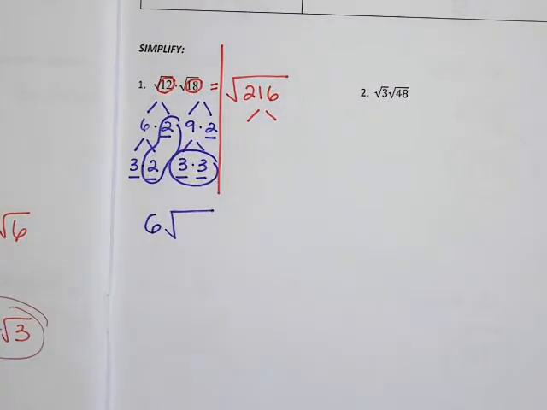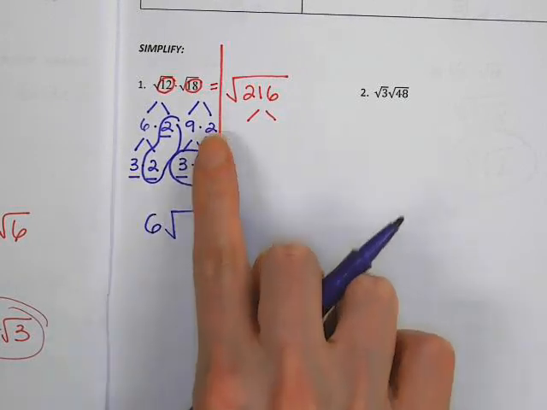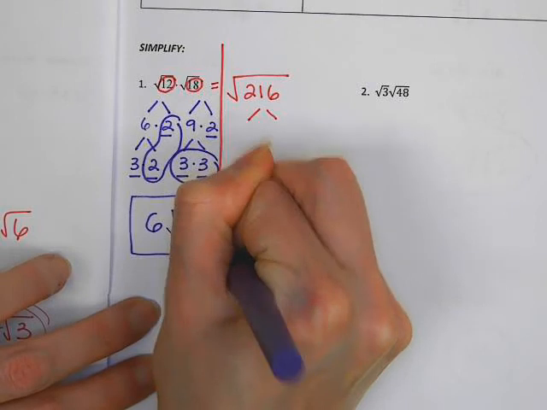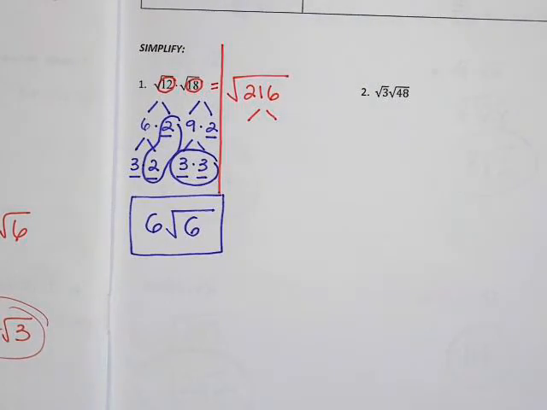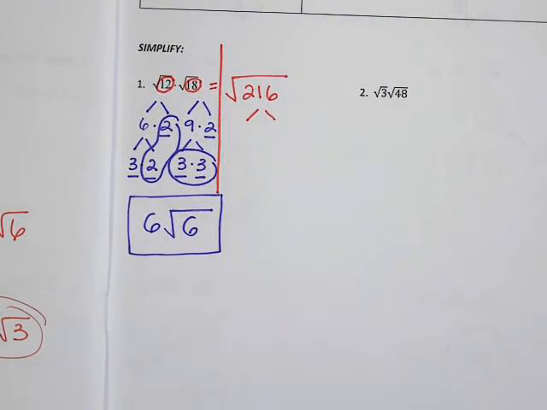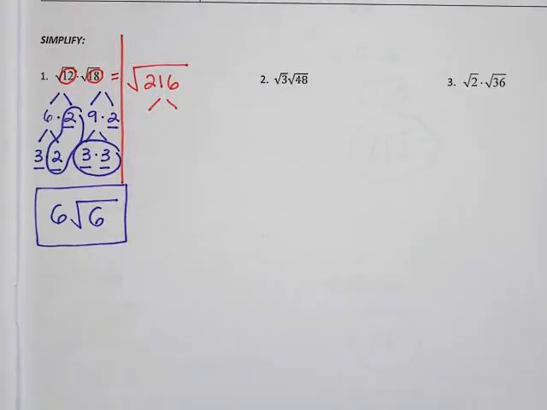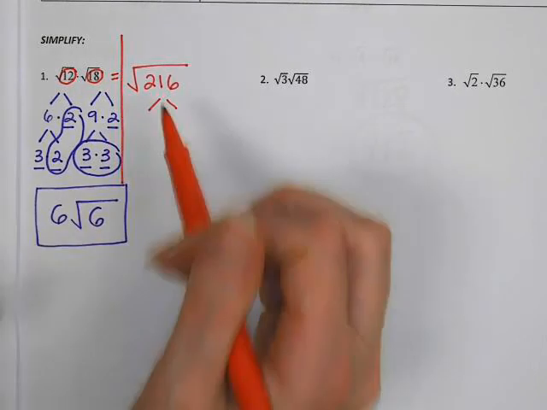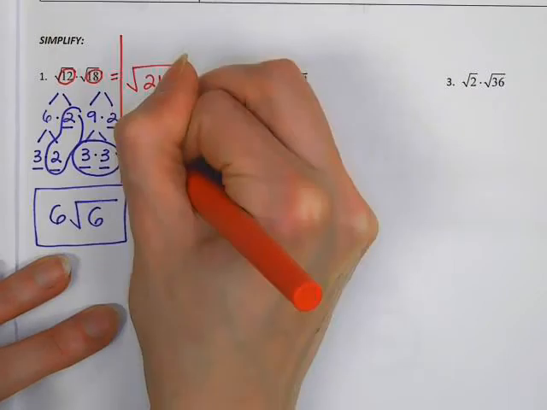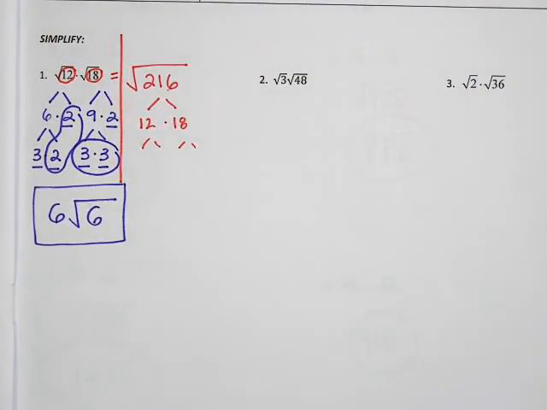And what's left inside, single 3 times single 2 is 6. You're going to get the same answer as if you would have done it this way. Because you know why? 216 is really just 12 times 18, and then you're kind of back to where you started.